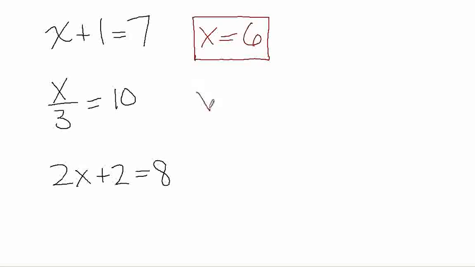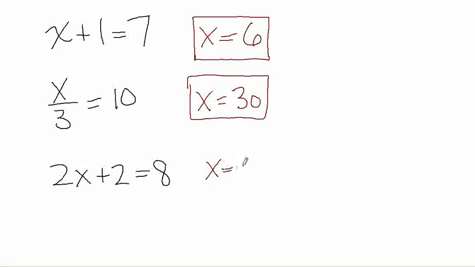For the second equation, 30 will work, because if you divide 30 by 3, you get 10, right? And then the last one was probably the trickiest. That one, the answer is 3. If you double 3, you get 6. If you add 2 to 6, you get 8. Okay?